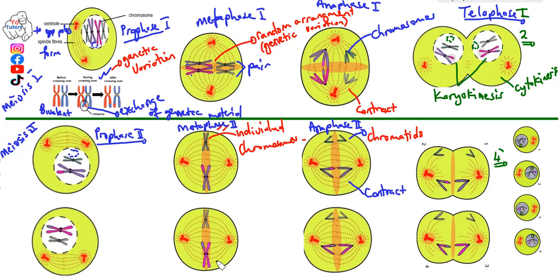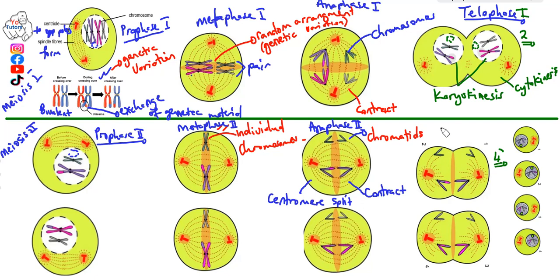What is also unique about anaphase 2 is that your centromere splits. Your centromere is linking the chromatids together, and those chromatids are the ones separating now during anaphase 2.